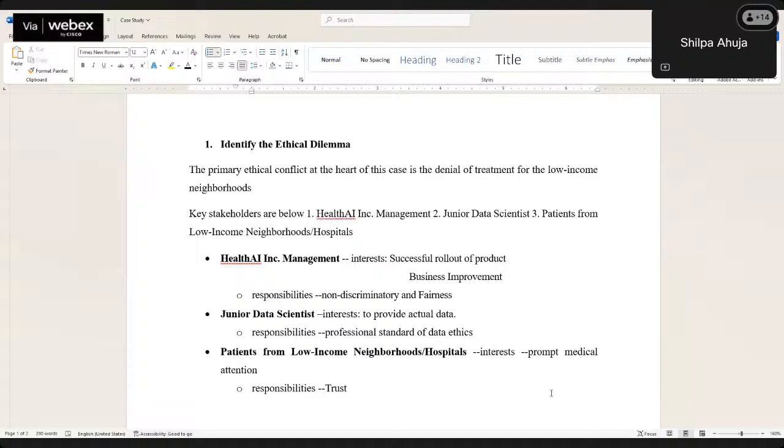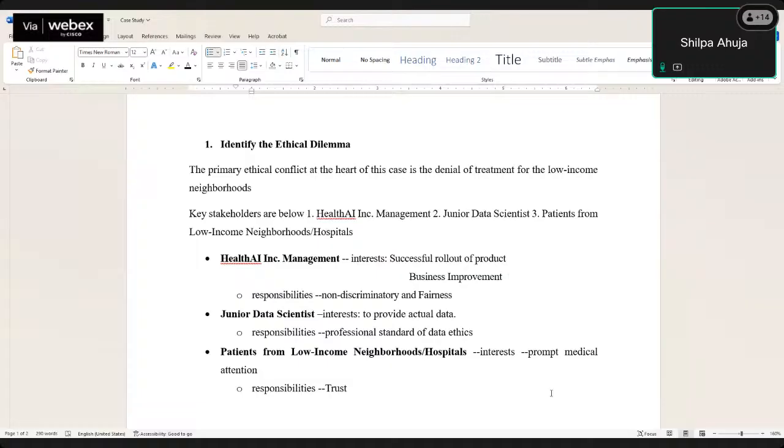And similarly for the junior data scientist also, he needs to have a professional standard of data ethics, and the rollout of the software should also be on a front where all the intricacies pertaining to data and the information provided are captured precisely. So, in addition to providing actual data, the algorithm should be able to reflect what is being fed into the system. So that's the primary responsibility part.